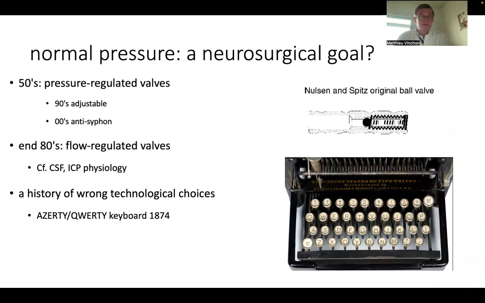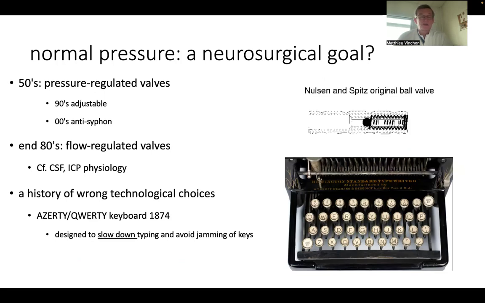Remember the Remington typewriter, with the AZERTY or QWERTY keyboard, which was created in 1874. In fact, the keyboard was designed to slow down the typing in order to avoid jamming of the keys. So we don't have keys anymore, but we still have this keyboard, which is designed to slow down the typing.